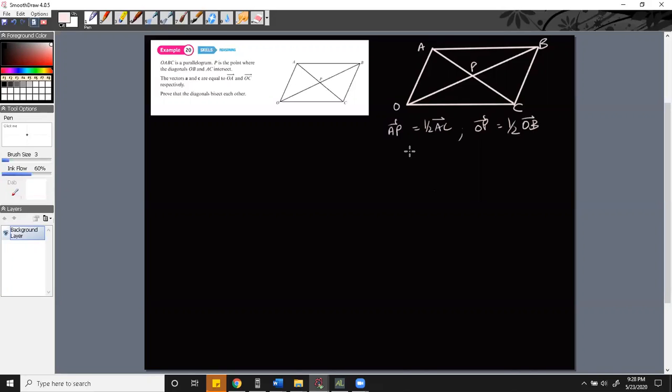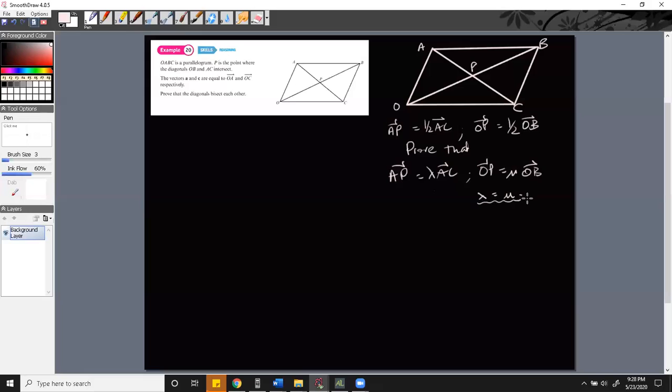Well, what we're being asked to do is prove that, so we've got some scalar multiple of AC. So AP, we'll say, is some lambda lots of AC, and OP is some mu lots of OB, where lambda is equal to mu.